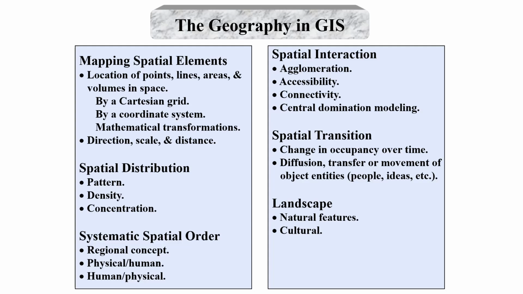Also, spatial order of physical and human features. Understanding relief and spatial distribution, we can explain why all the rivers run in the direction of the ocean.